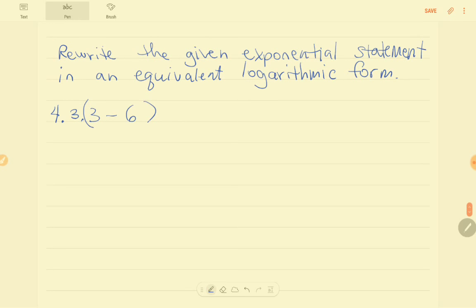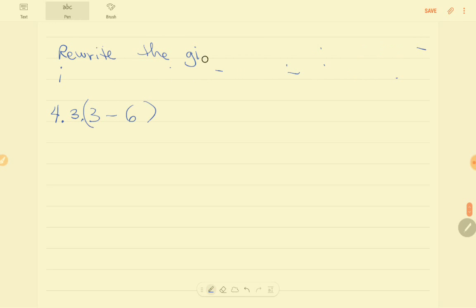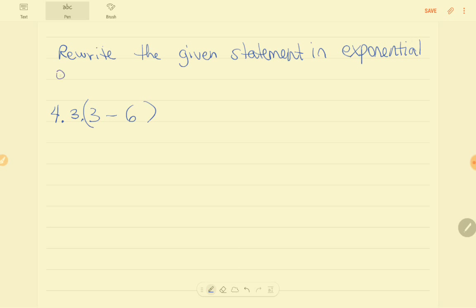So now that I noticed that they do both here, I'm going to say the directions are: rewrite the given statement in exponential or logarithmic form.